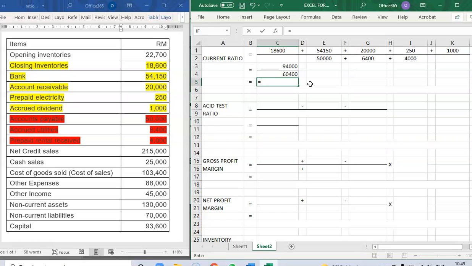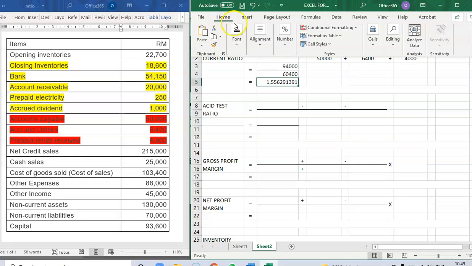So when you calculate the ratio, you will get 1.55 and a lot of decimal points. You only need 2 decimal points, so you can reduce the decimal points.